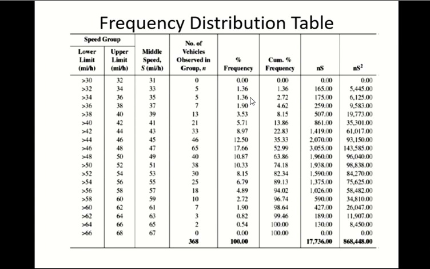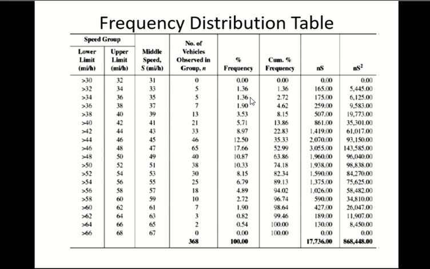Percentage frequency: you calculate the percentage of values in each group. You take the number of values in each group and divide by the total number of values. The most common mistake is that people take the value from here and then do the summation of speeds. No, it is not the summation of speed.